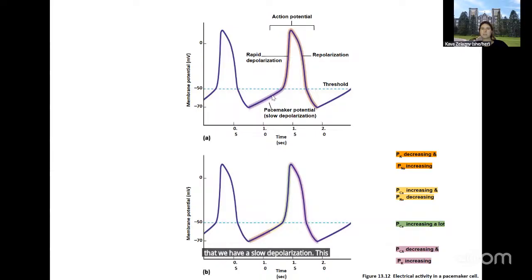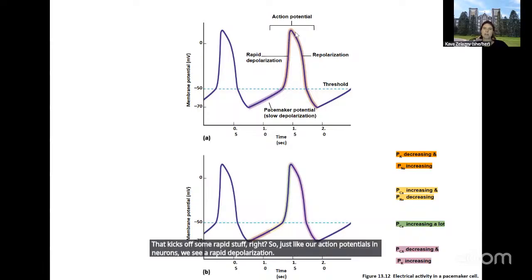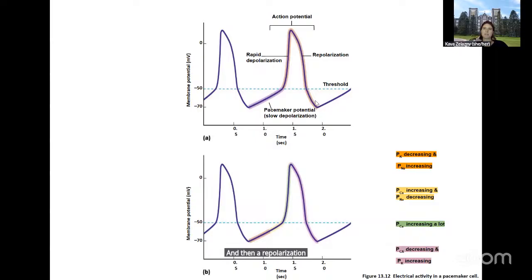This is our pacemaker potential, that automatic depolarization, raising us to a threshold. So still, just like our neurons. Then when we hit this threshold, that kicks off some rapid stuff, right? So just like our action potentials in neurons, we see a rapid depolarization and then a repolarization, and we sink back down, right? We don't need to have a stimulus for this. There's no signal. They just do this naturally.